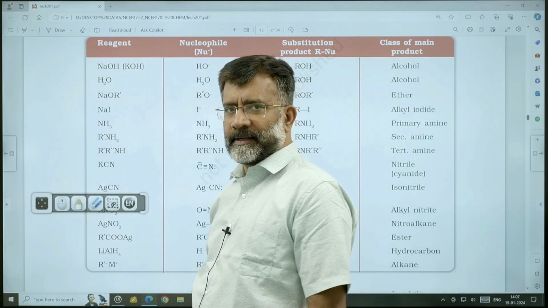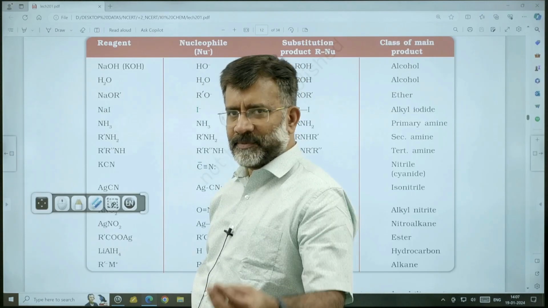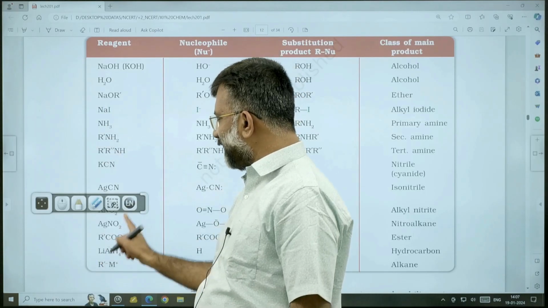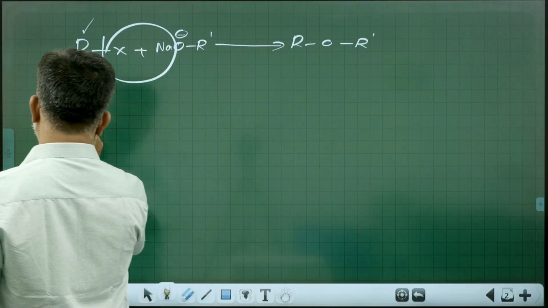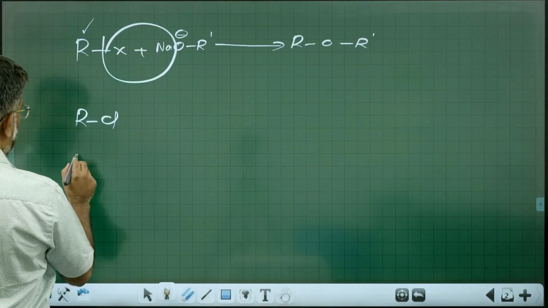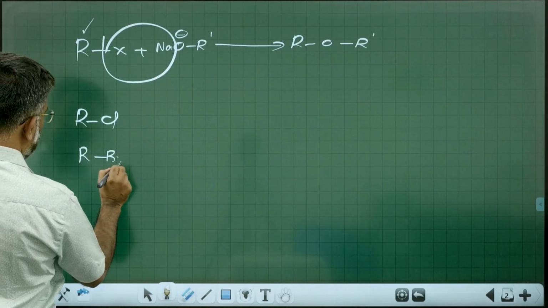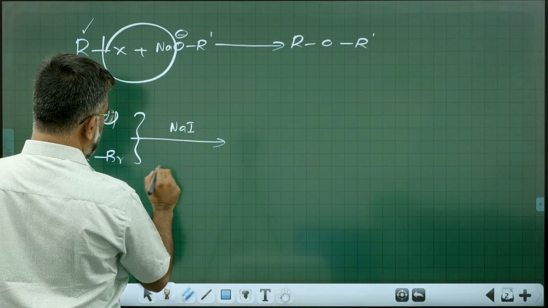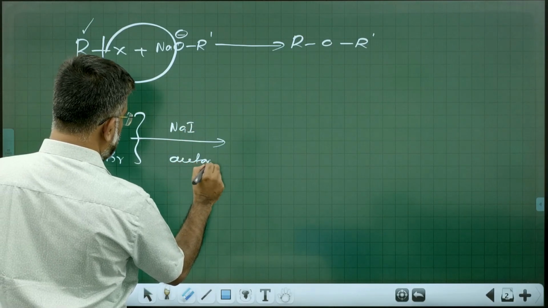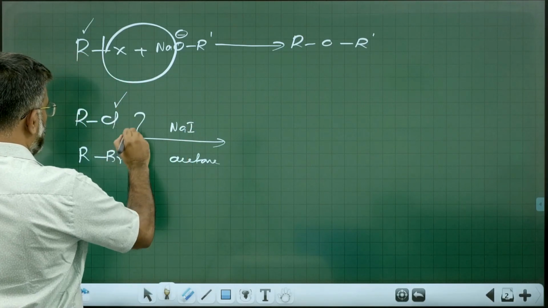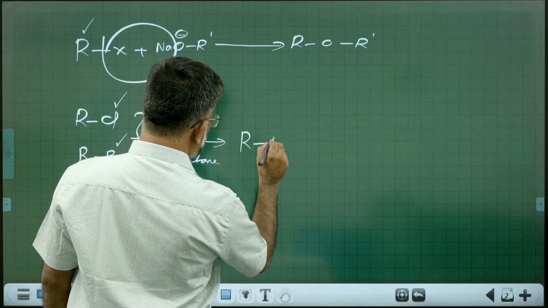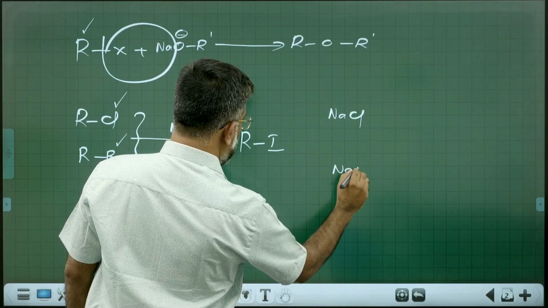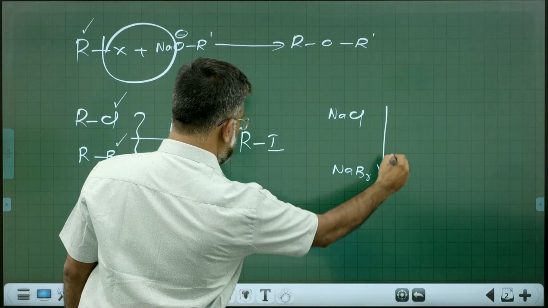Next, another popular reaction. A few minutes back we were discussing that reaction. Reaction with NaI in dry acetone: alkyl chloride or alkyl bromide treated with NaI in dry acetone, where the chlorine or bromine is replaced by iodine, and NaCl or NaBr comes out as a precipitate.